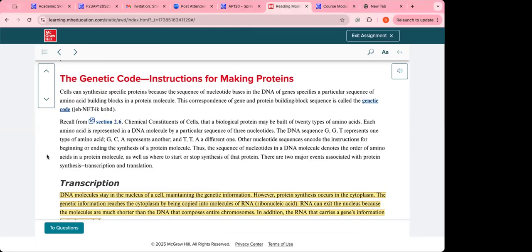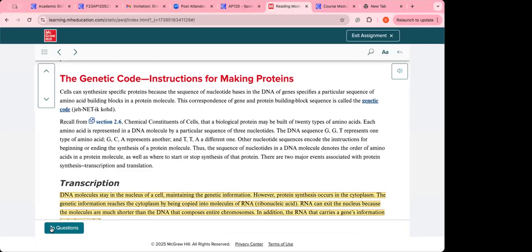Each amino acid is represented in a DNA molecule by a particular sequence of 3 nucleotides. Let's see if that's on the list.